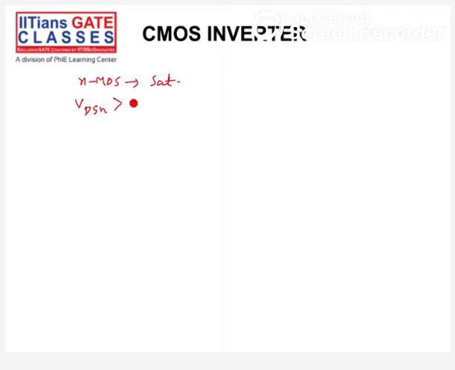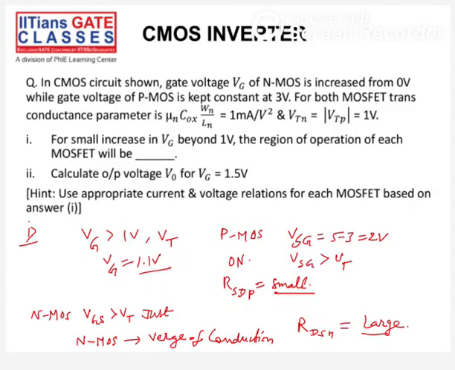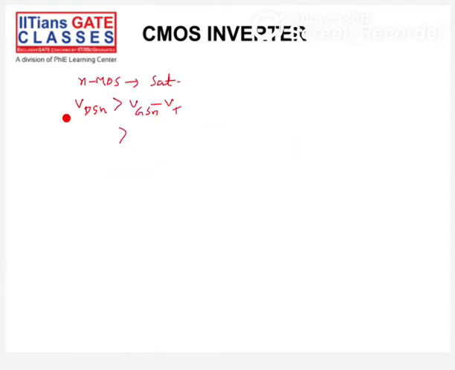VDSN must be greater than VGS minus VT. So VGSN, how much is it? In this case, VG is little greater than 1, we can say it is 1.1, we assumed. So 1.1 minus 1 means it is 0.1.